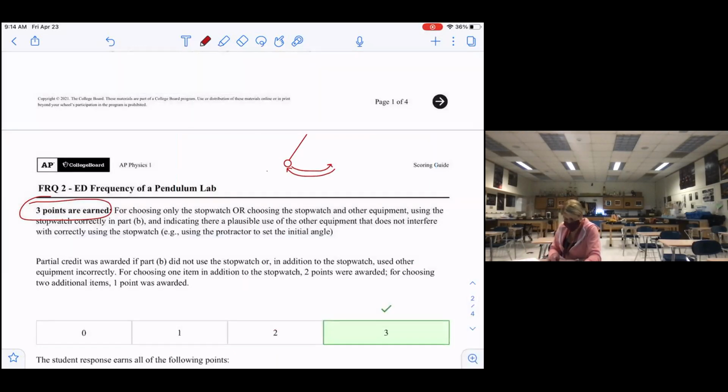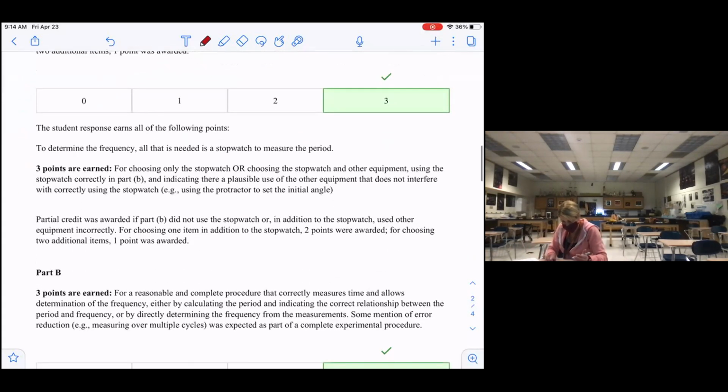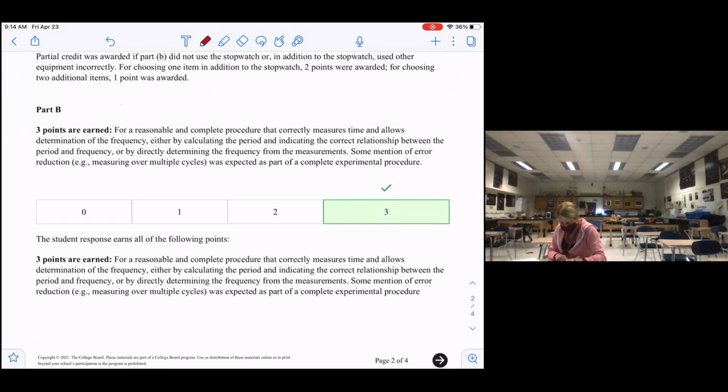Okay. So when you look at how this was scored for this part, again, where are we at for part B? Okay. Correctly using your stopwatch, explaining what you're going to do with that time on your stopwatch. Again, clearly stating that if you allowed it to go back and forth more than once, that you're dividing by that number of times, and that if that's how you were using the stopwatch, that is the period, and that you would need to then explain how you would get the frequency from that, by again saying frequency is the inverse of the period.